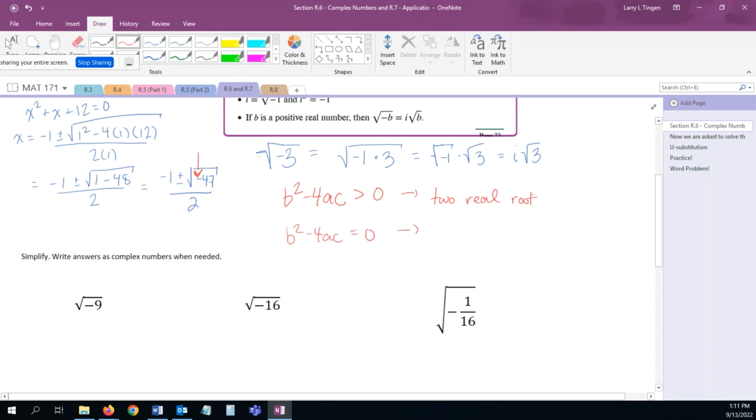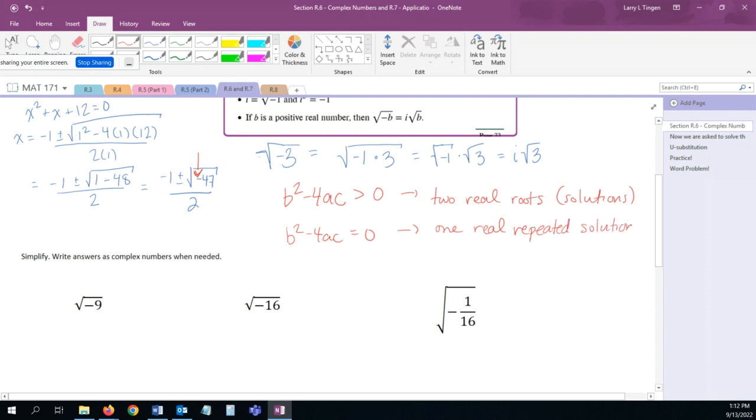All right. So two real roots or two real solutions. If the discriminant is 0, that means you have a repeated root. So you have one real repeated root.